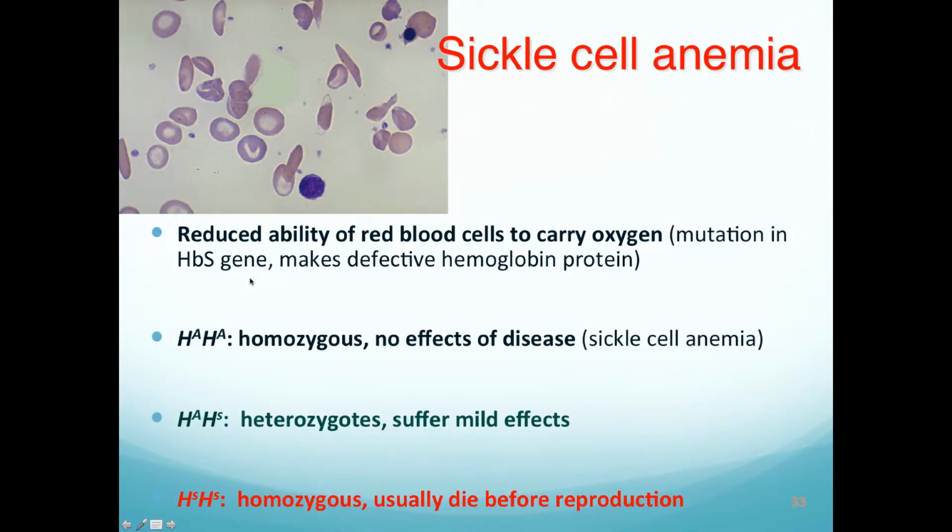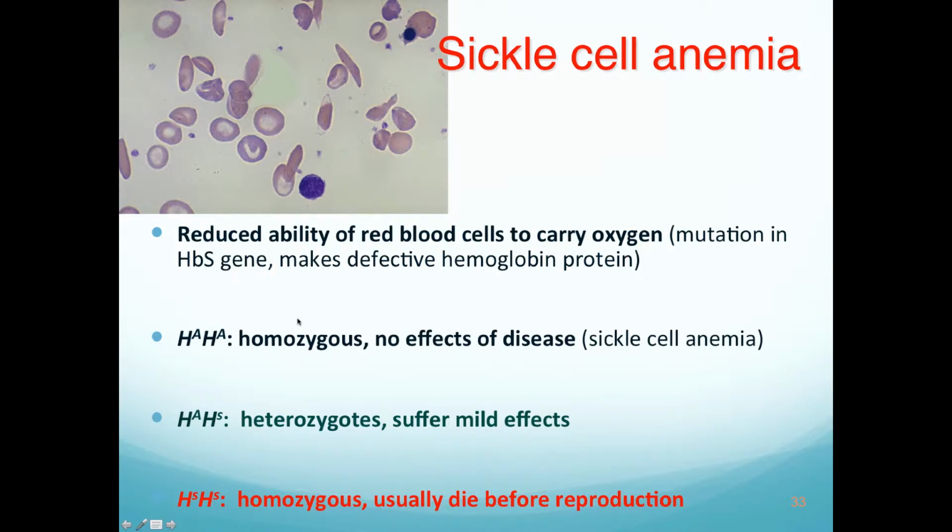And the example that we're going to use is a discrete example. We're going to talk about sickle cell anemia. So sickle cell anemia is a genetic, inherited disease, found in areas where humans live with malaria-bearing mosquitoes. And it affects the ability of red blood cells to carry oxygen. So we saw in an earlier lecture that the mutation to this gene, the hemoglobin gene, creates a defective hemoglobin protein that tends to become a sickle shape in situations with low oxygen.